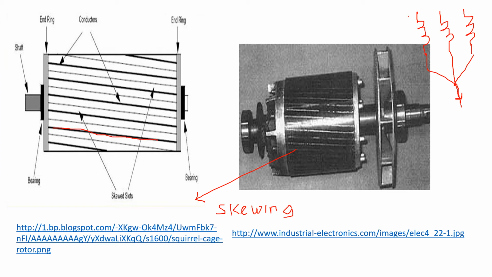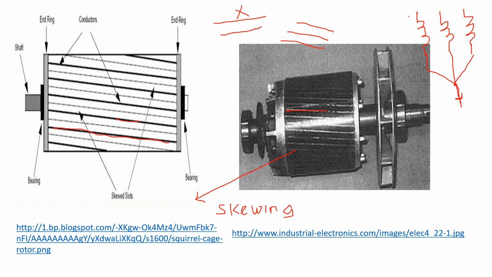Skewing means these slots are not straight. This is arranged at an angle. The slope of the slots are arranged at an angle. This is called skewing slots. Understand?